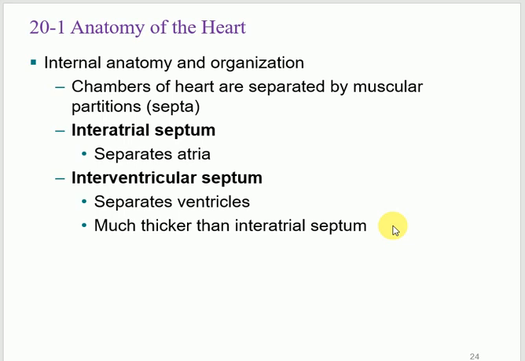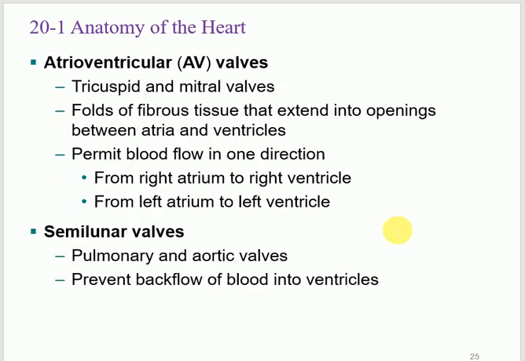Interventricular septum, the septum between the two ventricles, and this is a thicker one, unlike the atrial one. And again, there are no openings or defects or anything, except for the fetus. We will talk about this. But at birth, we're born with a complete septum that's completely separating right and left. If it is not, this will be an issue.